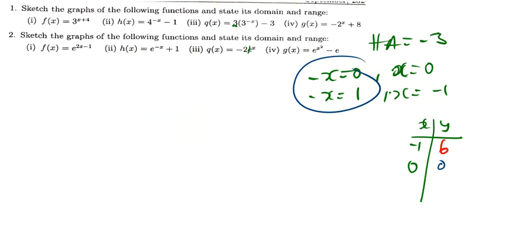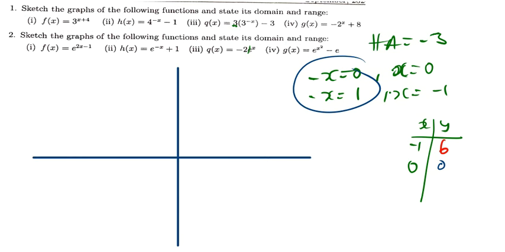Let's see. So my graph will be here. My horizontal asymptote is at negative 3. I'll put negative 3 here. In y, I have 6, so I'll put 6 there and 0.